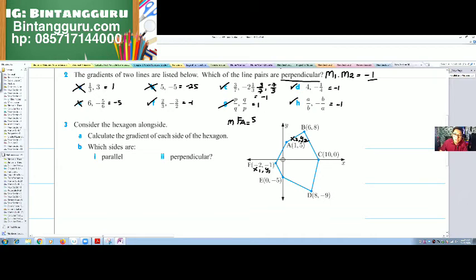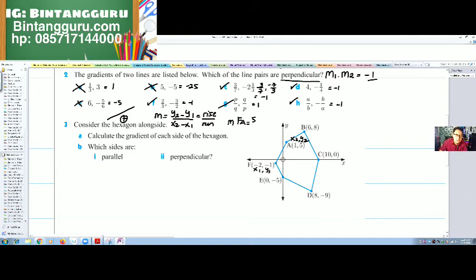The gradient formula is y2 minus y1 over x2 minus x1. We call this rise over run. If the line is going up, the gradient will be positive.